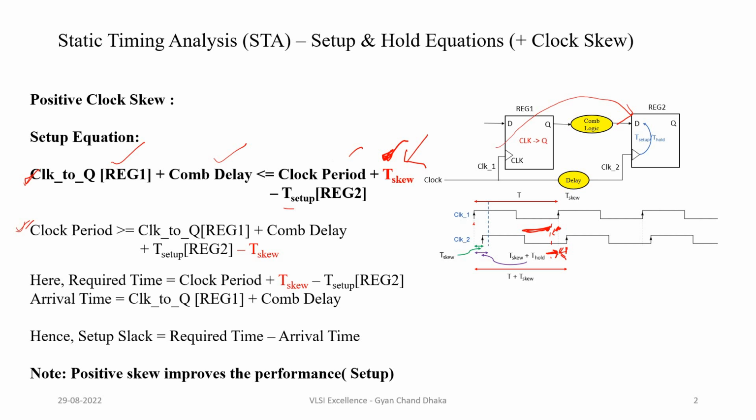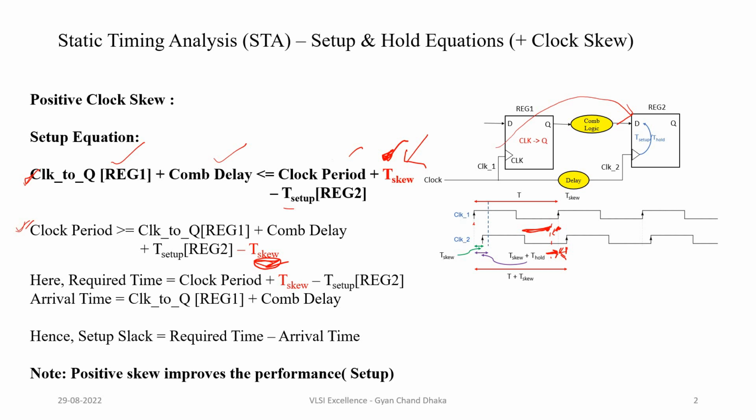So basically, the required clock period to meet the setup requirement has decreased by t skew time. If the clock period decreases, the frequency of operation of the design will increase. So with positive clock skew, our design can work at a higher frequency.